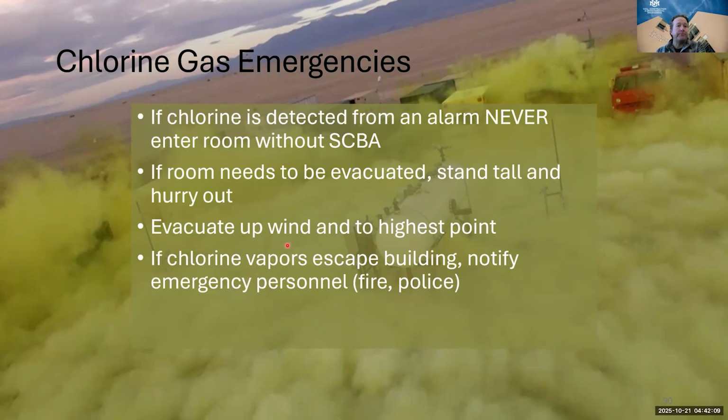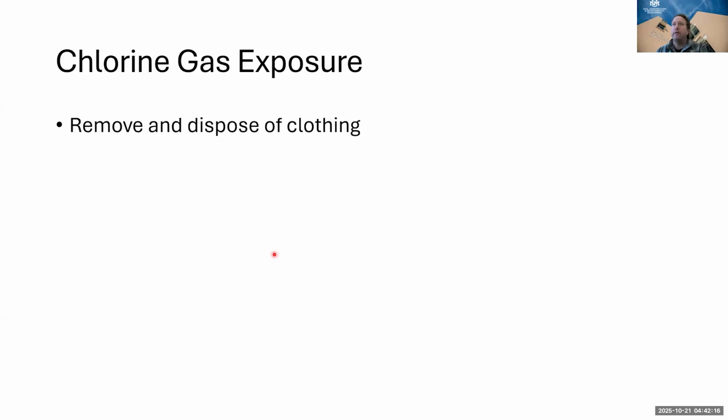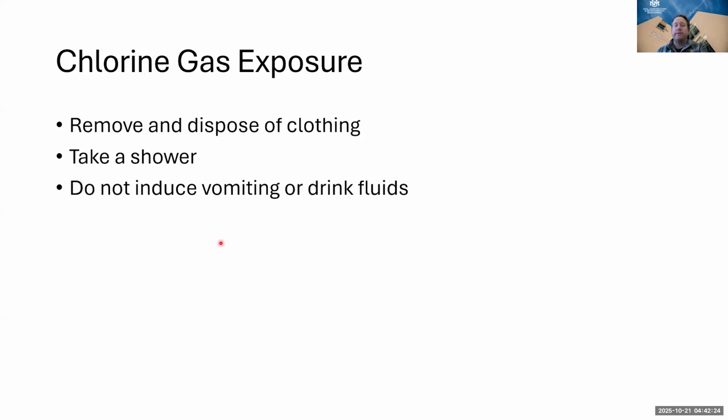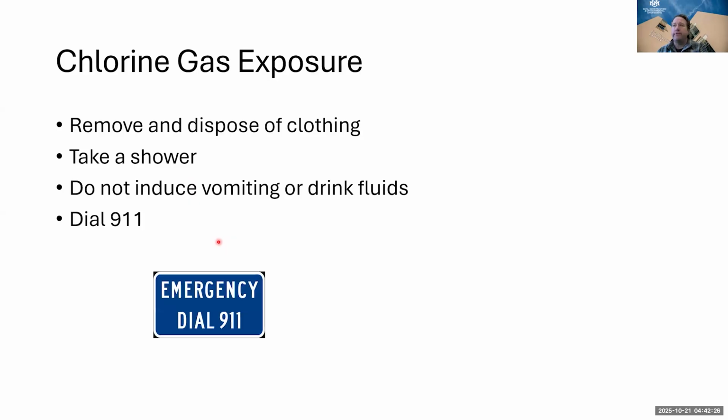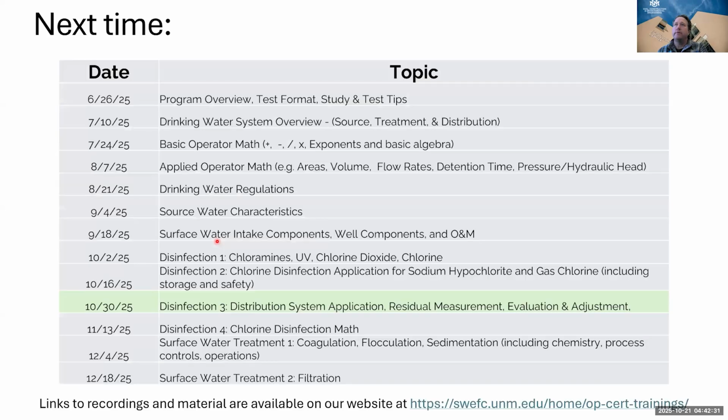Your system should have an emergency response plan in place if you are using gas chlorine for disinfection. For chlorine gas exposure, remove and dispose of your clothing, take a shower, don't induce vomiting or drink fluids, and seek emergency help. Dial 911.